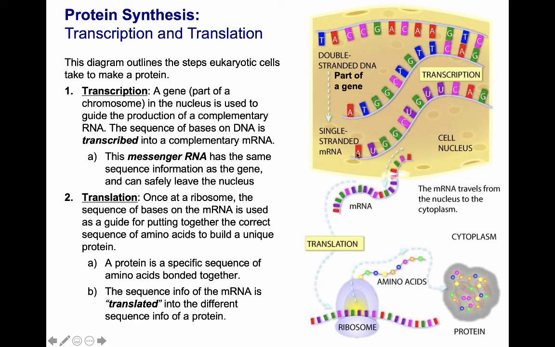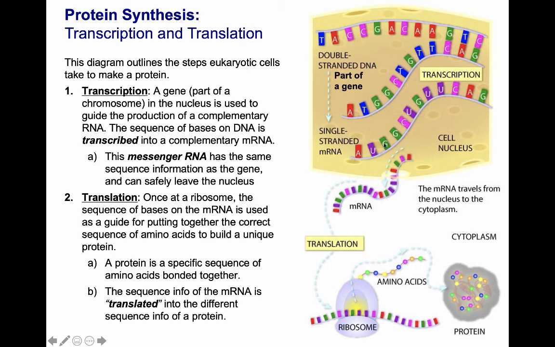And that sequence is the critical information. And that sequence will be used to determine the sequence of amino acids in a protein, which determines what protein it is. And if you look at the diagram here, you can see up here on the DNA at the top the sequence of DNA nucleotides T, A, C, C, G, etc.